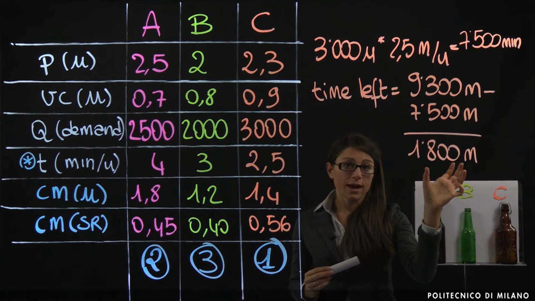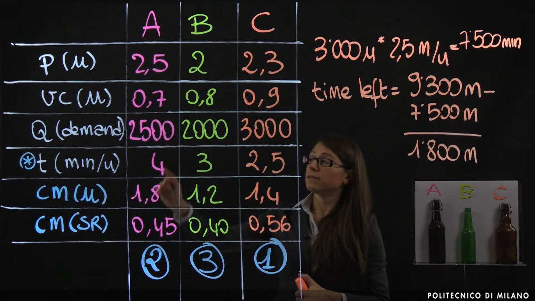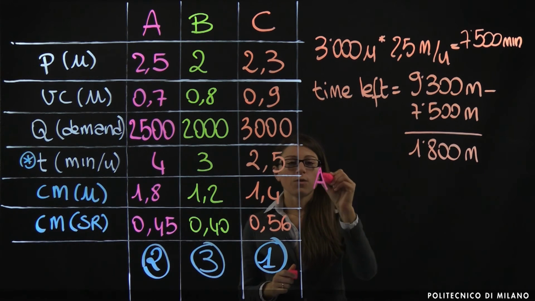Given this time that is available, which is the other product that we can realize? And it is the beer type A. So basically, let's concentrate now on beer type A.